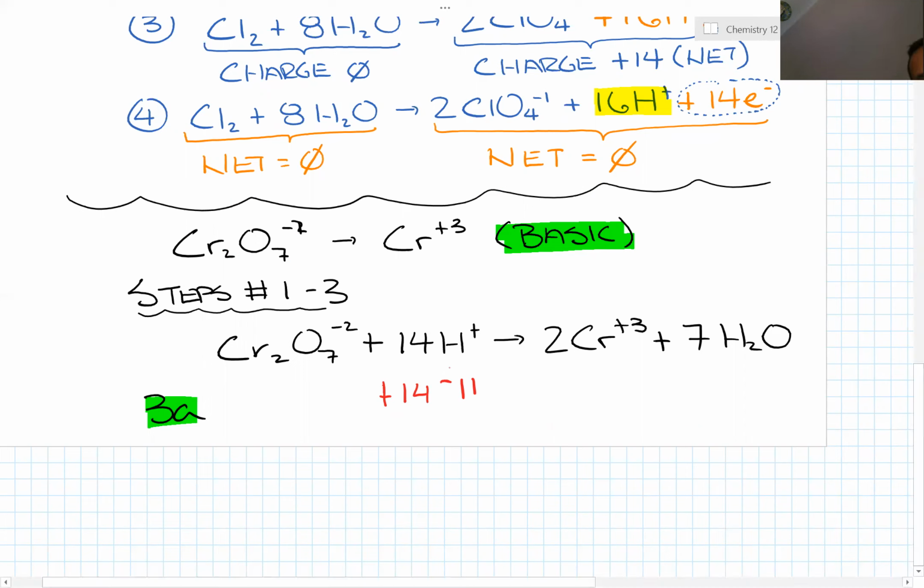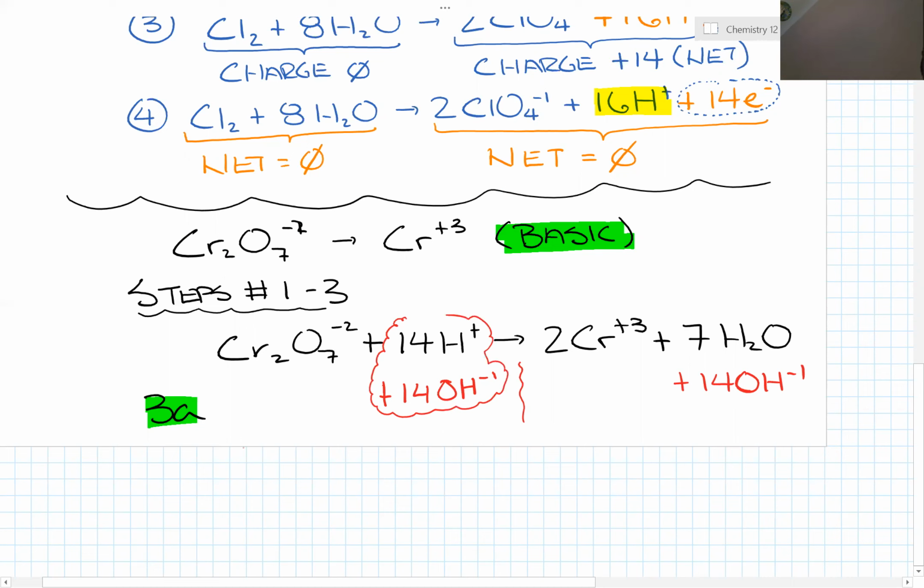Okay, so 14 OH minus 1 to both sides. Okay, now the significance of this is that it neutralizes the H plus.